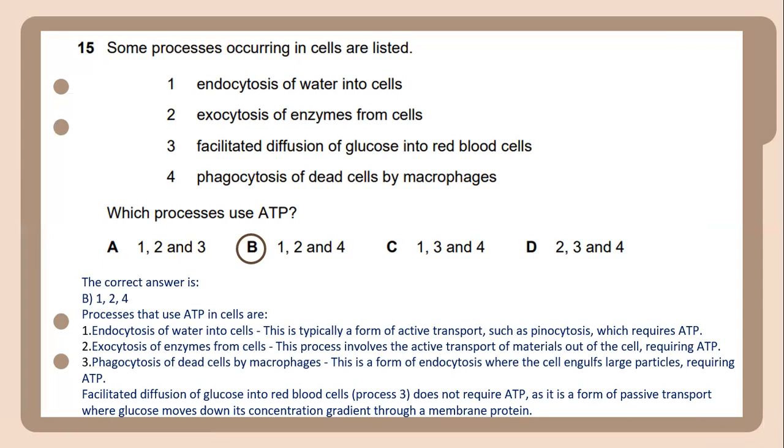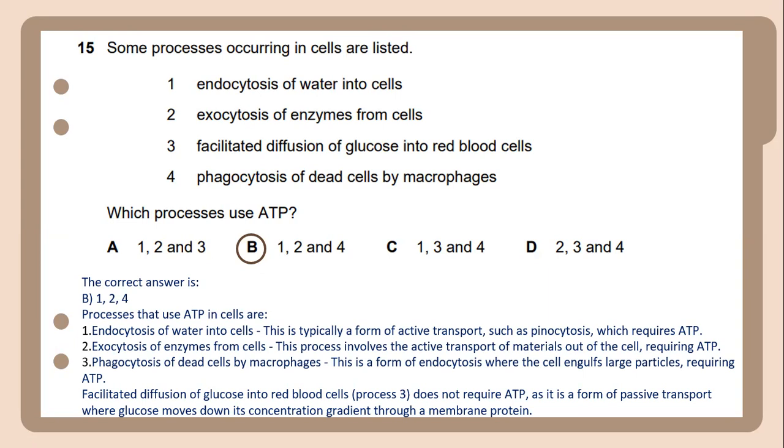Endocytosis of water into cell is typically a form of active transport such as pinocytosis, which requires ATP. And for statement number 2, exocytosis of enzymes from cells is the process which involves the active transport of material out of the cell, which also requires ATP.